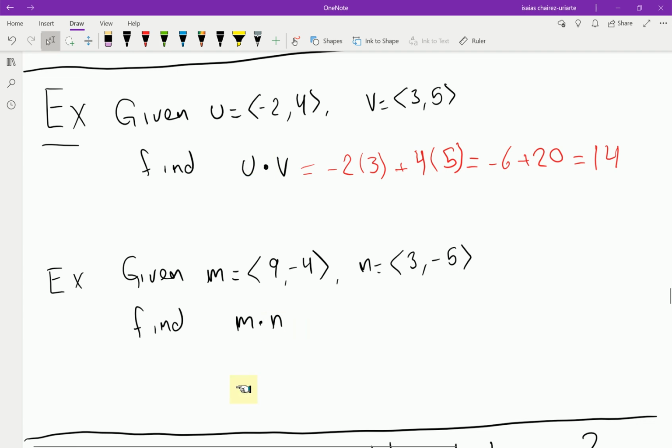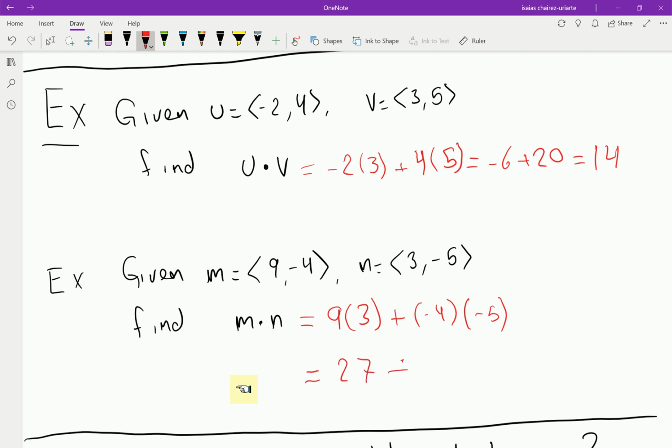Okay, let's find the dot product of m and n. So m dot n. Same situation. It's just going to be 9 times 3 plus -4 times -5. That's 27 plus 20. So 47.